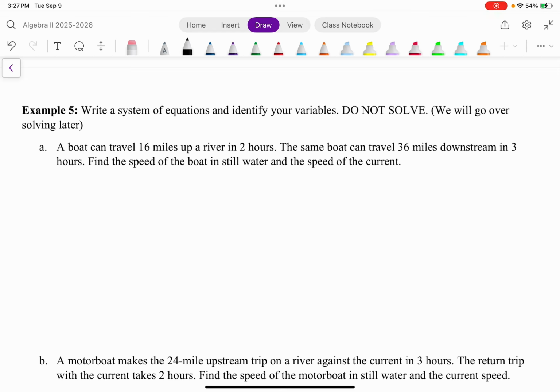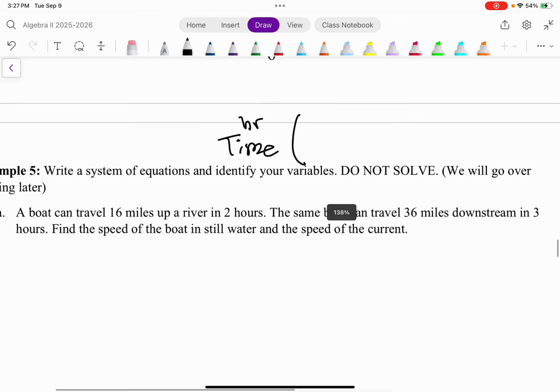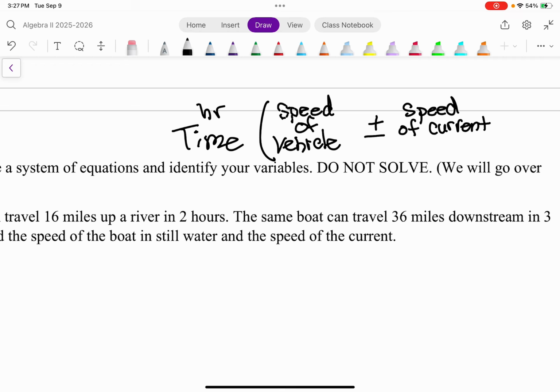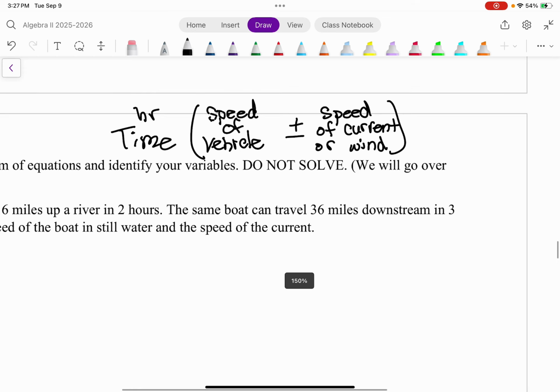With these problems, we're going to be typically setting them up in the same format. We are going to take the amount of time that a trip is going to take, typically in hours, and multiply that by the speed of a vehicle or whatever object is moving. And then we are going to add or subtract the speed of the current or wind, depending on what type of problem it is.